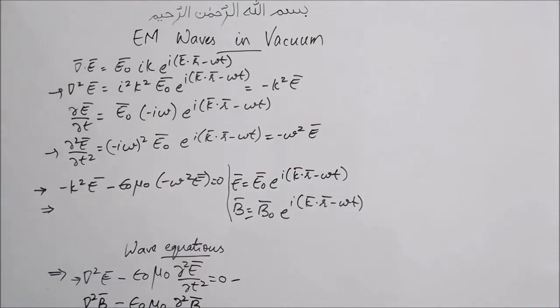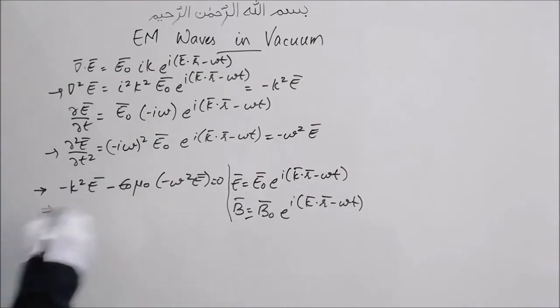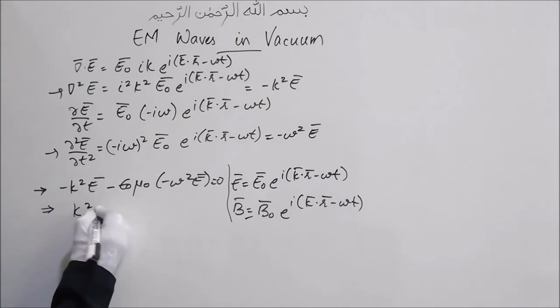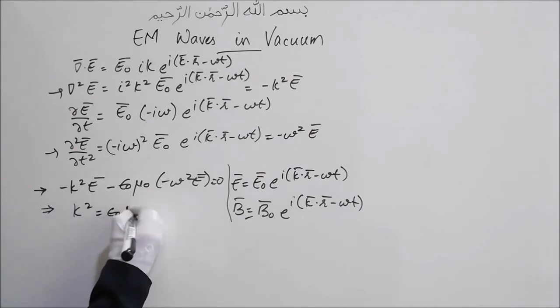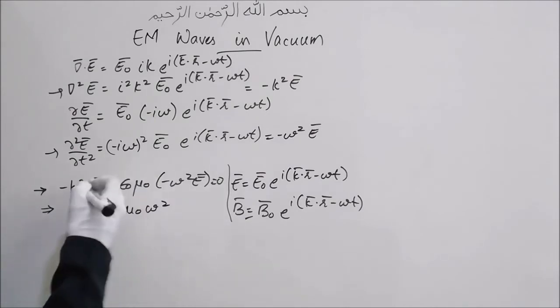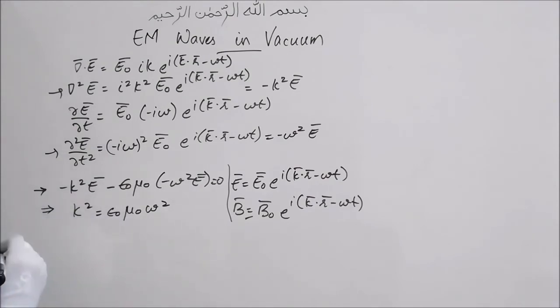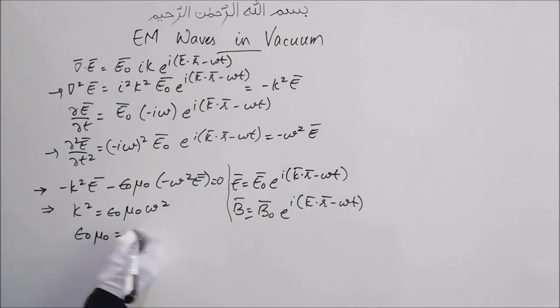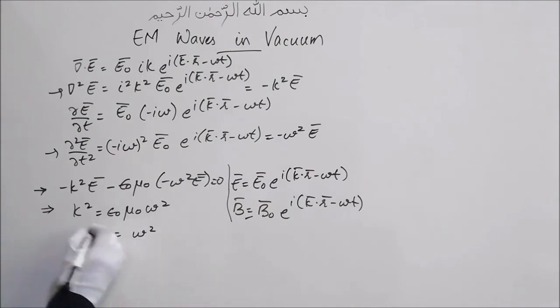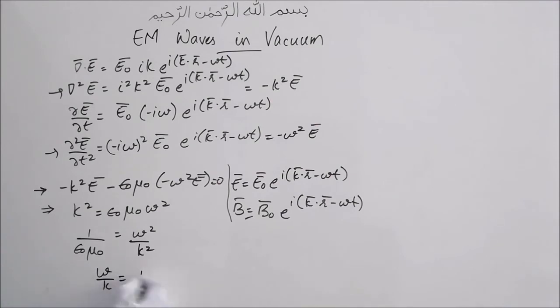Solve this, we will get k squared is equal to epsilon naught mu naught omega squared, minus minus will become plus. So that will be 1 by epsilon naught mu naught will be omega squared upon k squared. So we'll have omega by k is equal to 1 by root of epsilon naught mu naught.